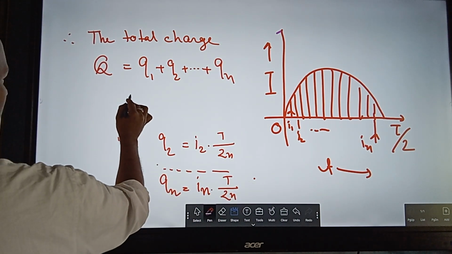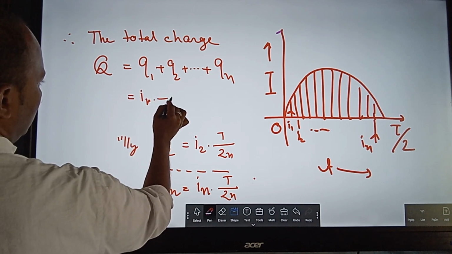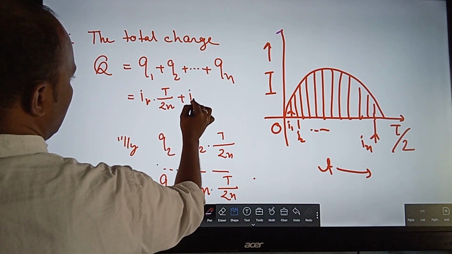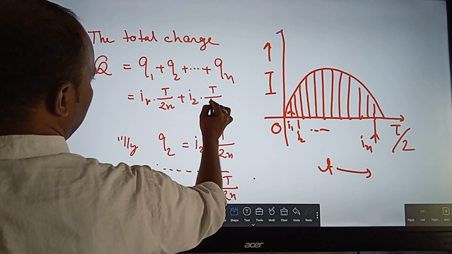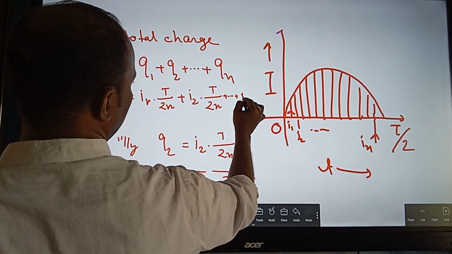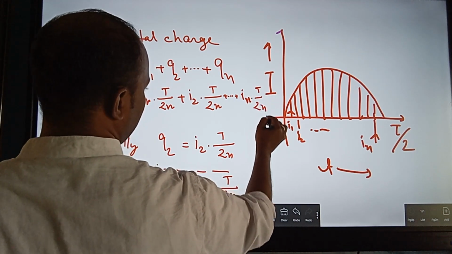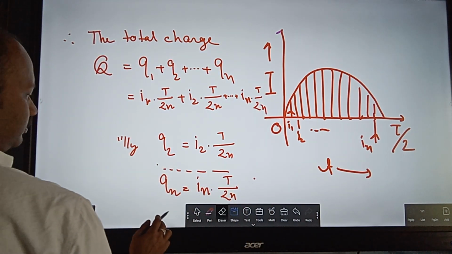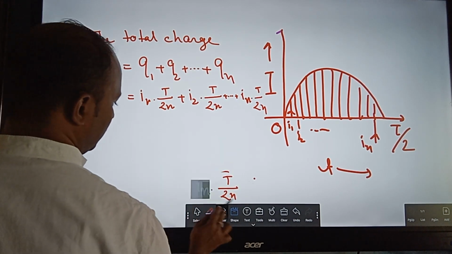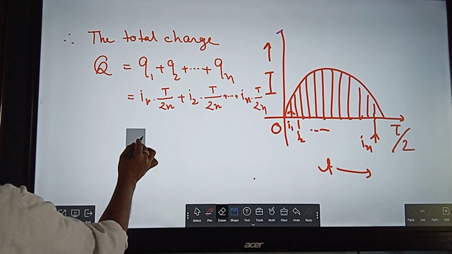If we put in the values, Q1 is I1 times T/2n, Q2 is I2 times T/2n, plus and so on up to the last term, which is In times T/2n.